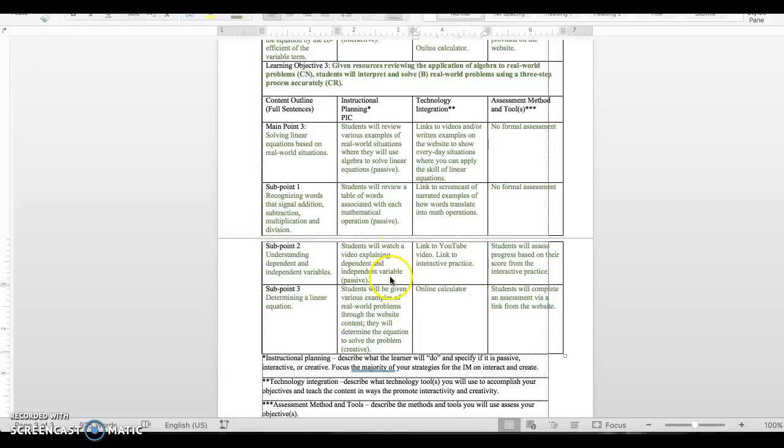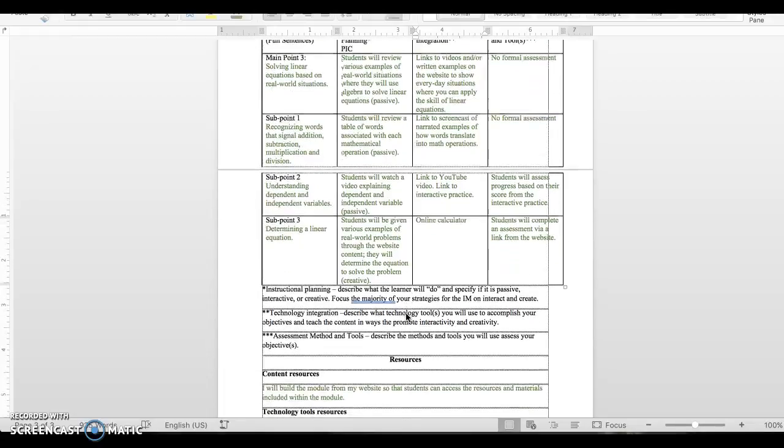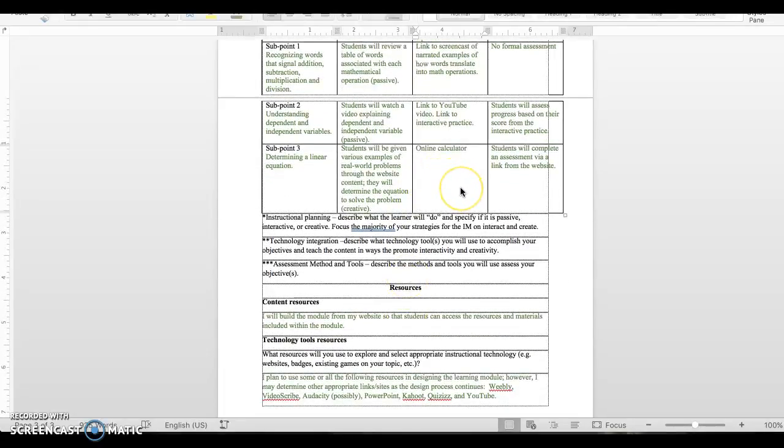But then we'll get into down here where we're determining the linear equation, a little bit of creativeness where they'll be given various examples such as a visit to the grocery store, perhaps a picture of an ad, and asked to create a shopping list and calculate the total based on having to buy multiples of something. So a little bit creative, although not as much as perhaps some other types of activities or other topics would involve.